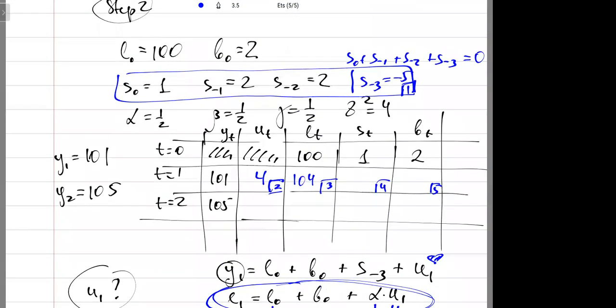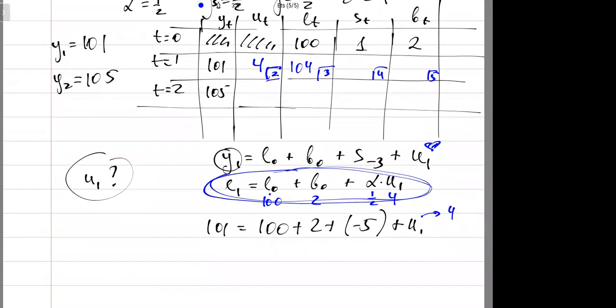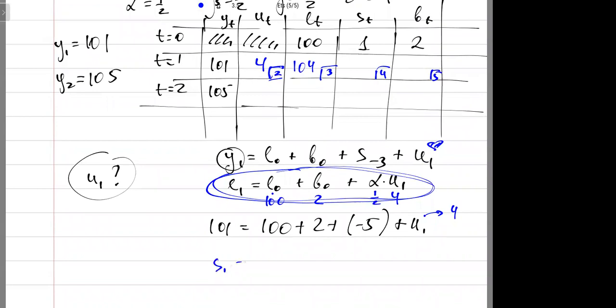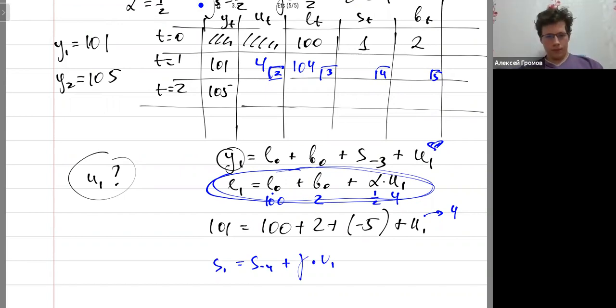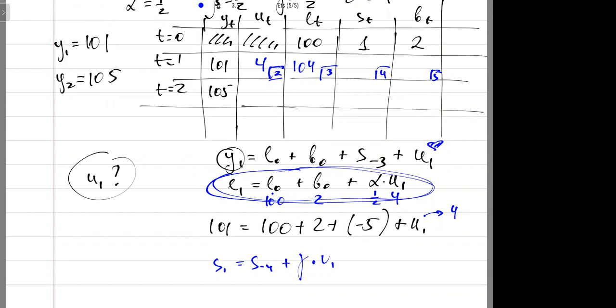Who can calculate S1? Let's be careful. S1 is S minus 4 plus gamma times U1. Do not forget that we have noise in our model. We don't just blindly copy past seasonal effect. Seasonal effect can change. For example, the winters now are warmer than before, so fewer people buy, I don't know.